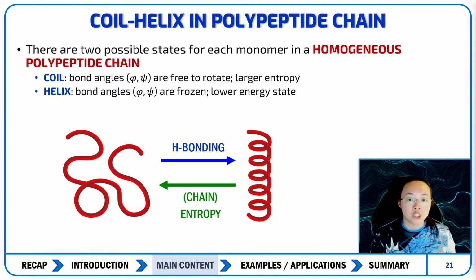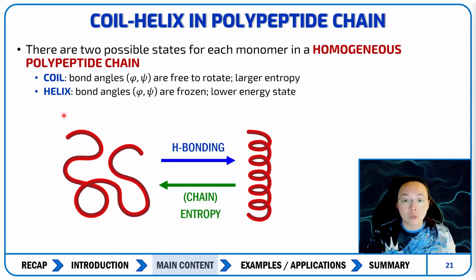So when a monomer changes from coil to helix, or helix to coil, we call this a coil-helix transition. And of course, we call this a two-state model of an alpha helix. And this allows us to make various predictions about which conformations are possible or not.